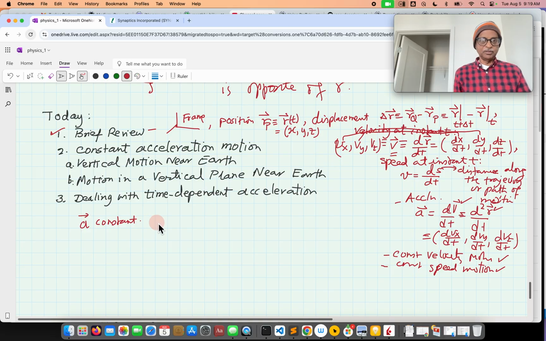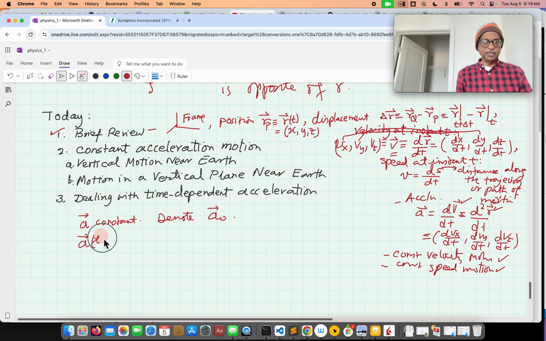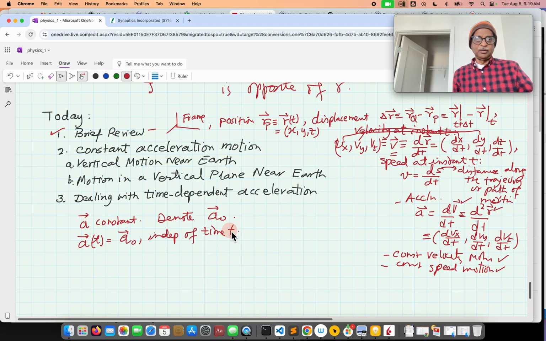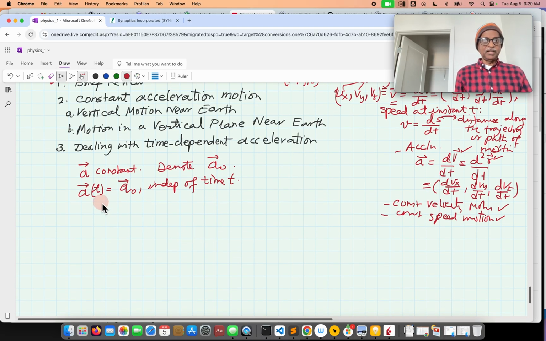So let's denote the constant by some a0 vector. What I mean by this is a of time t is a0, independent of time. Okay, what does it buy us?